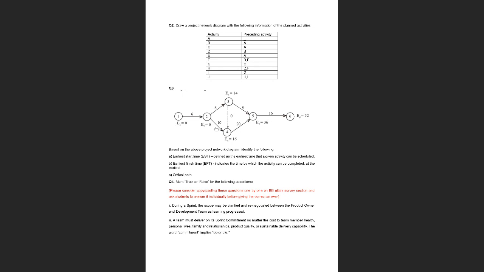And all the activities that fall in the critical path are known as critical activities. Now, why are they called critical activities? Because if any of these activities are delayed, you know what? Let me quickly pull out the solution. I think that will be easier for you guys to understand.